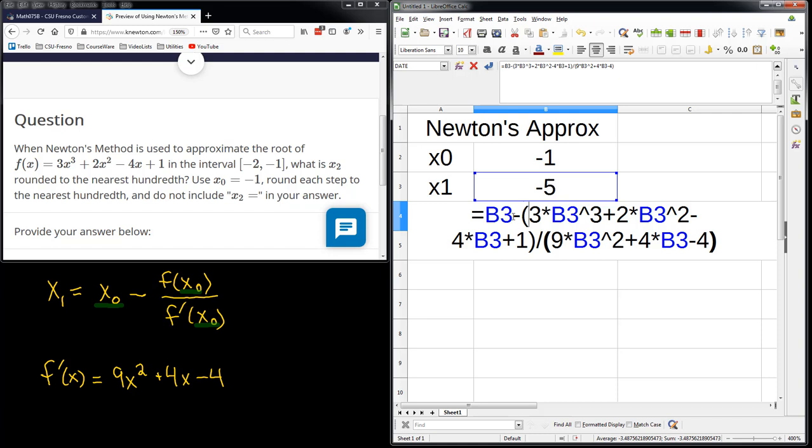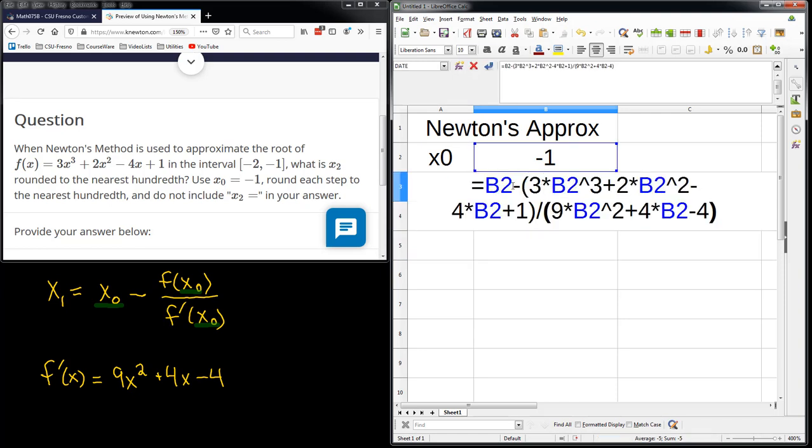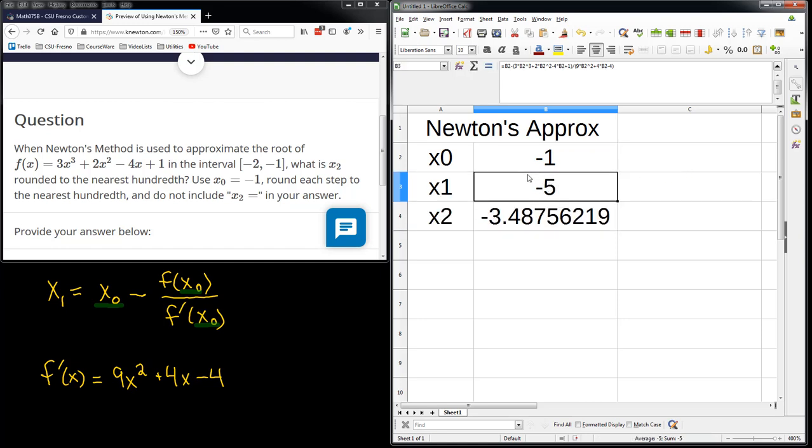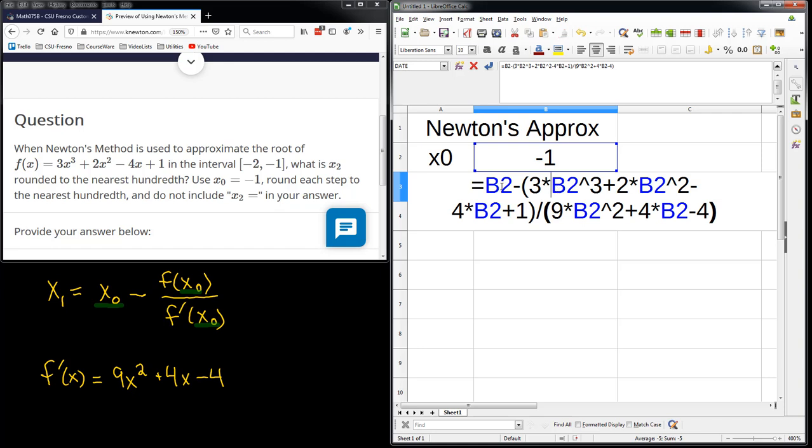Instead of being B2, notice it's now B3. If we look at the formula in the cell B3, the formula is referring to cell B2, so it's using the value up here in B2.